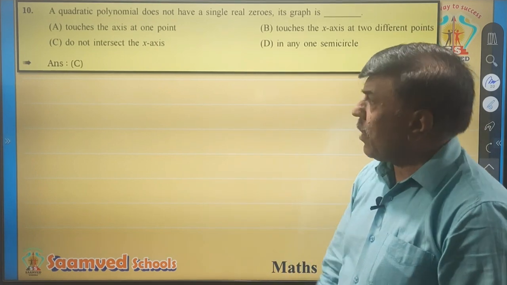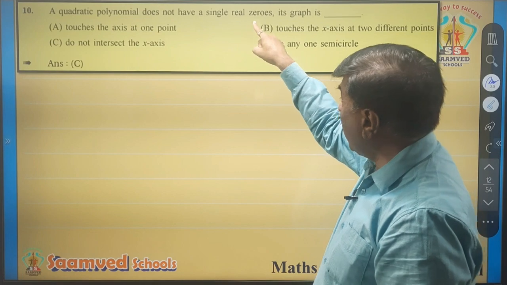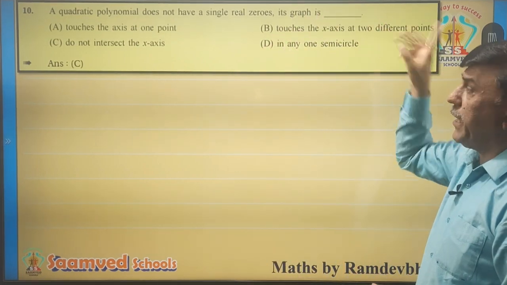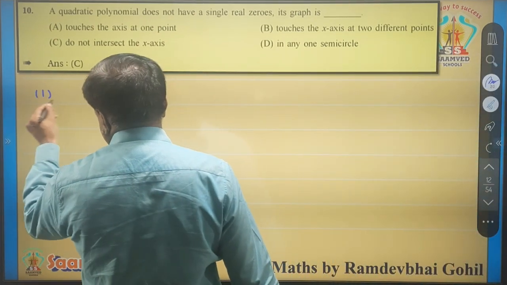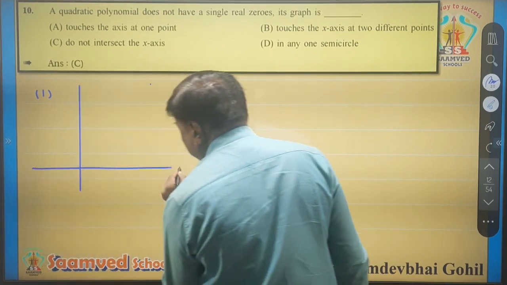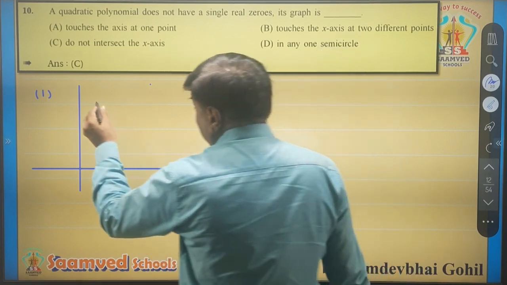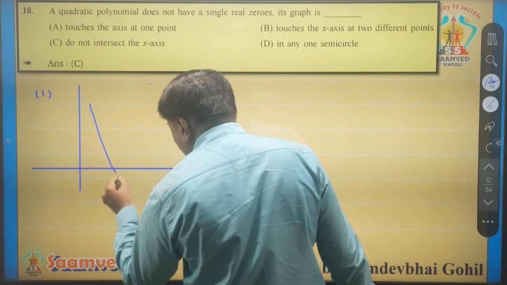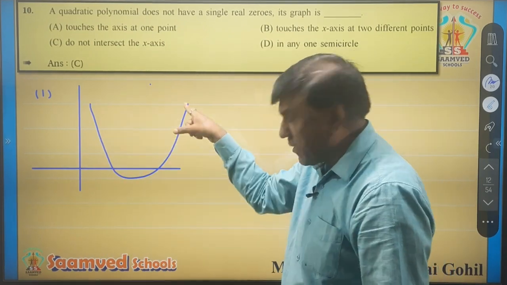Number 10. A quadratic polynomial does not have a single real zero. Its graph is dash. Now friends, if we draw the graph of a quadratic polynomial, if the polynomial has two zeros, then the graph will be like this.